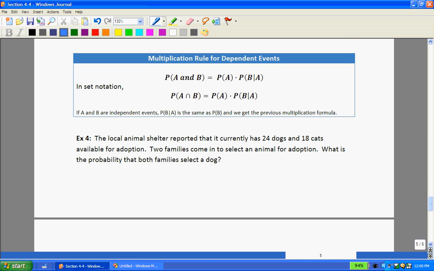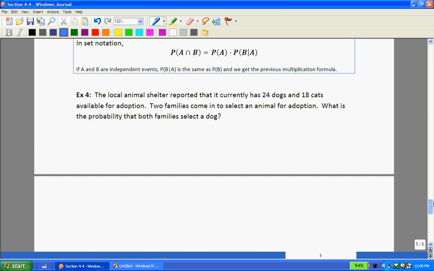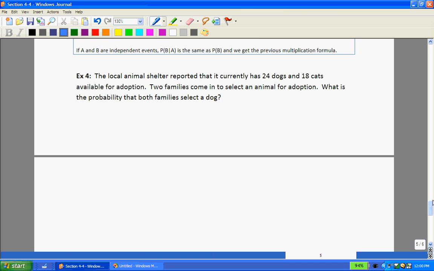Let's try example 4. The local animal shelter reported that it currently has 24 dogs and 18 cats available for adoption. 2 families come in to select an animal for adoption. What is the probability that both families select a dog? We'll define our event.